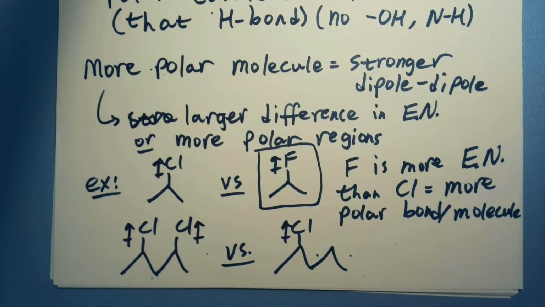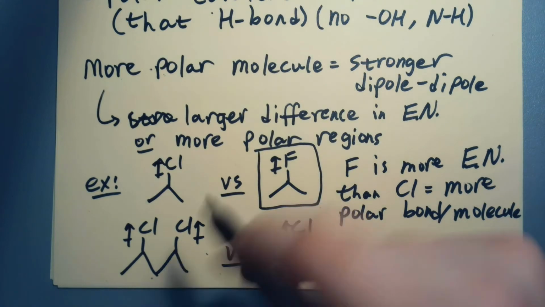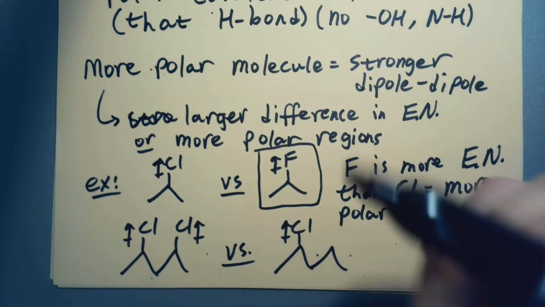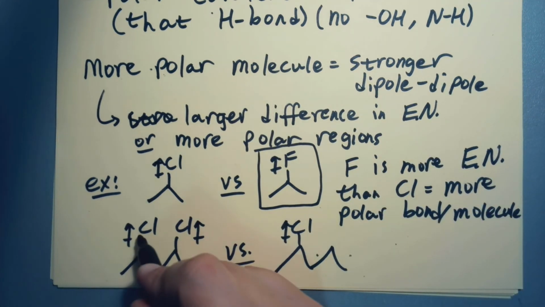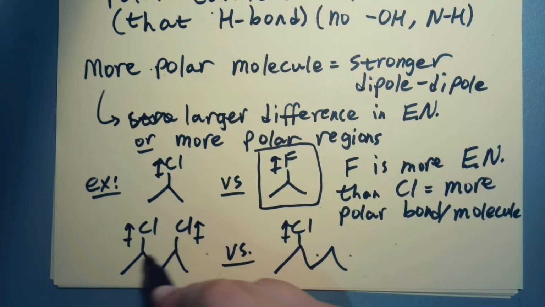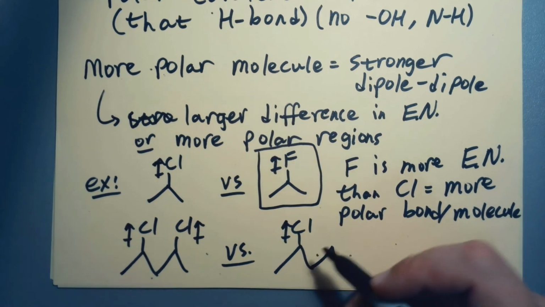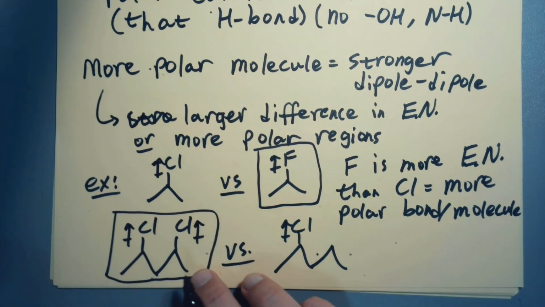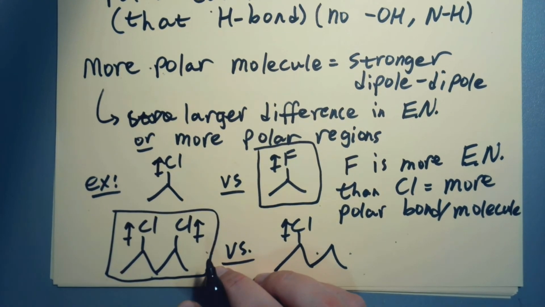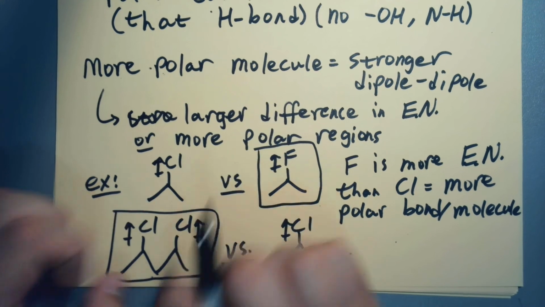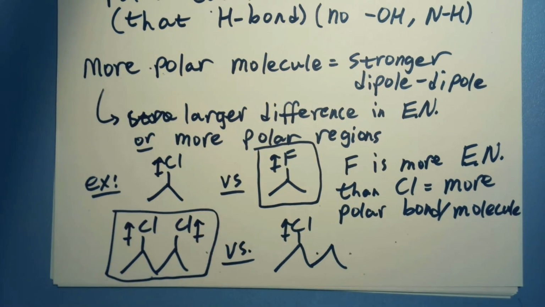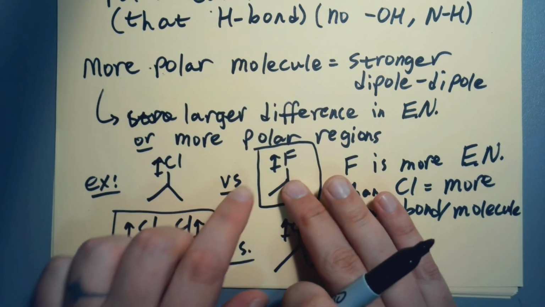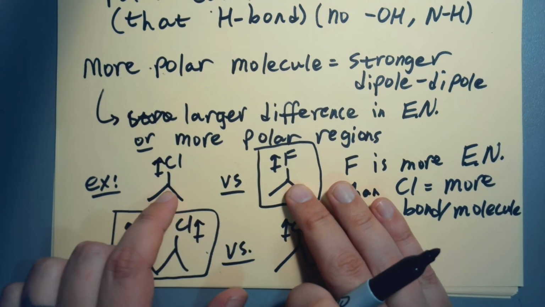So, which one's more polar? Just like hydrogen bonding, you know, these two sites, that's more opportunity. So you have a partial positive here, partial negative here, partial positive, partial negative. They're going to interact more strongly than just one of them. So this guy's going to win. It's the more polar molecule. It's going to have the strongest dipole-dipole interactions because it has more opportunity for those interactions to take place. So you're really looking for either more polar locations or stronger polarity in the same number of locations.